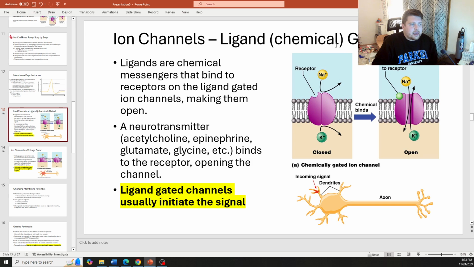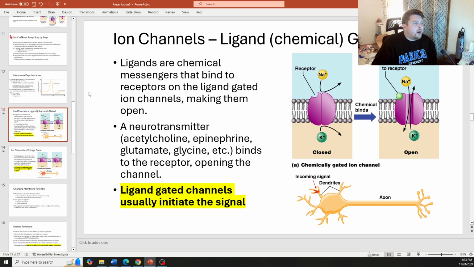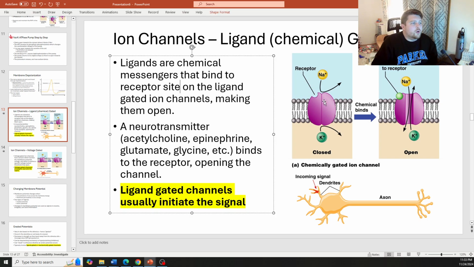So our ligand, or chemical-gated, channels. Ligands are chemical messengers that are going to bind to a receptor site located on that ligand-gated ion channel, which causes it to open.